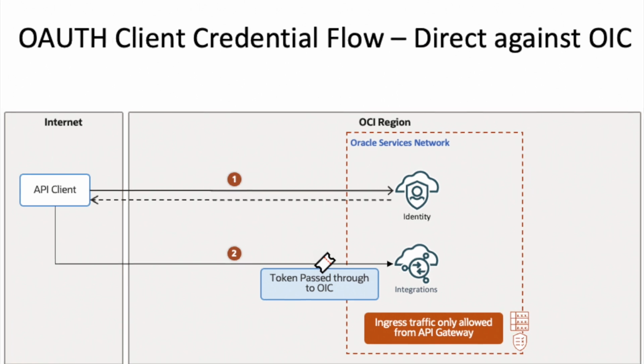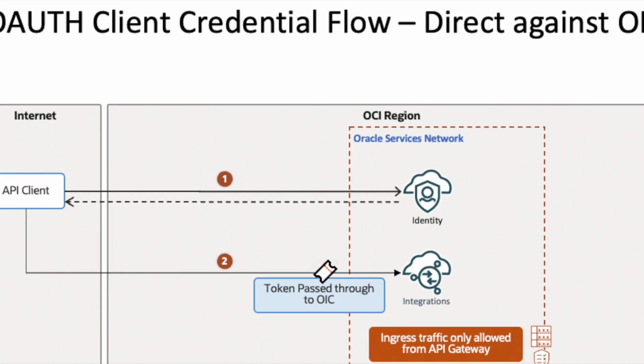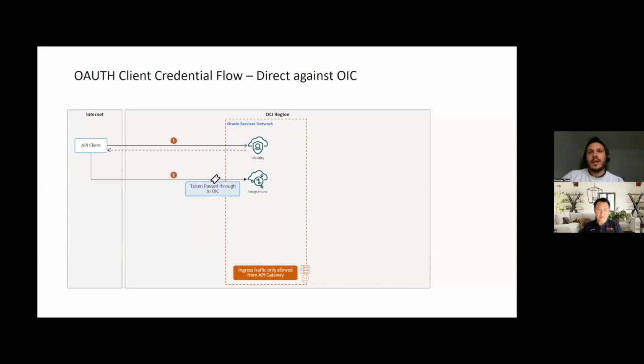That's cool. Let me share my screen. So really what we're going to start with is just a couple of slides that introduce what we see around how people are implementing OAuth for OIC.